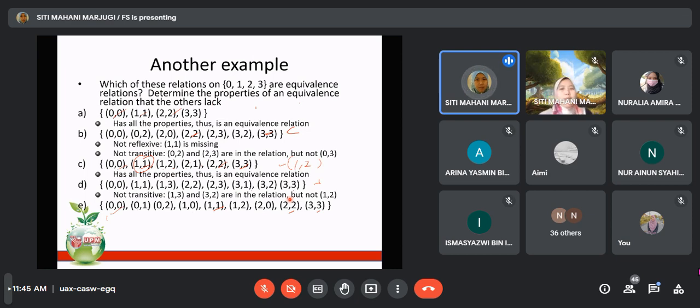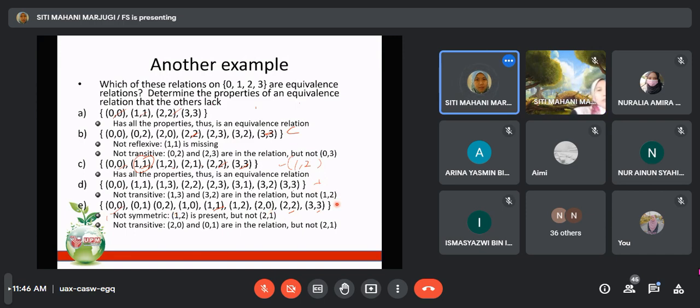Okay, tak payah buat yang lain dah sebab we only need one reason why we say this is not transitive. So stop it. You just give the comment and give the reason why you say this is not transitive: 2,0 and 0,1 suppose can imply 2,1, but 2,1 is not an element of this relation.